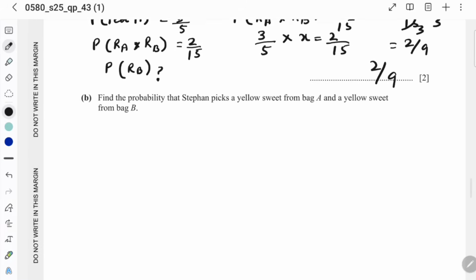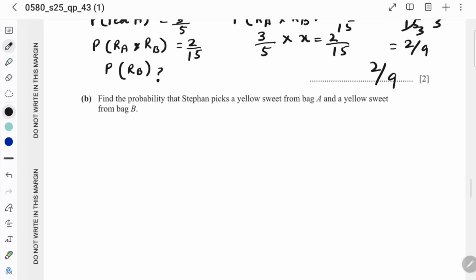Okay, 2 marks question. Find the probability that Stephen picks a yellow sweet from bag A and a yellow sweet from bag B. We have to find this probability. So the probability of yellow from A is what?